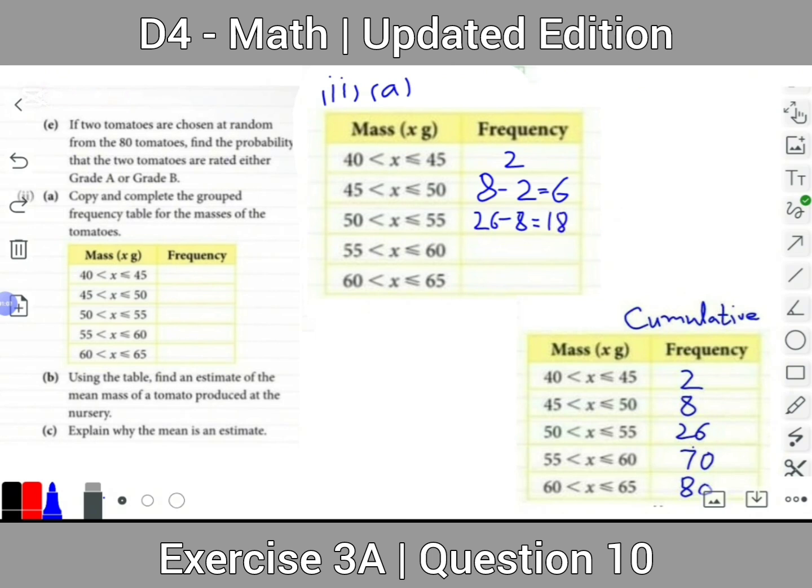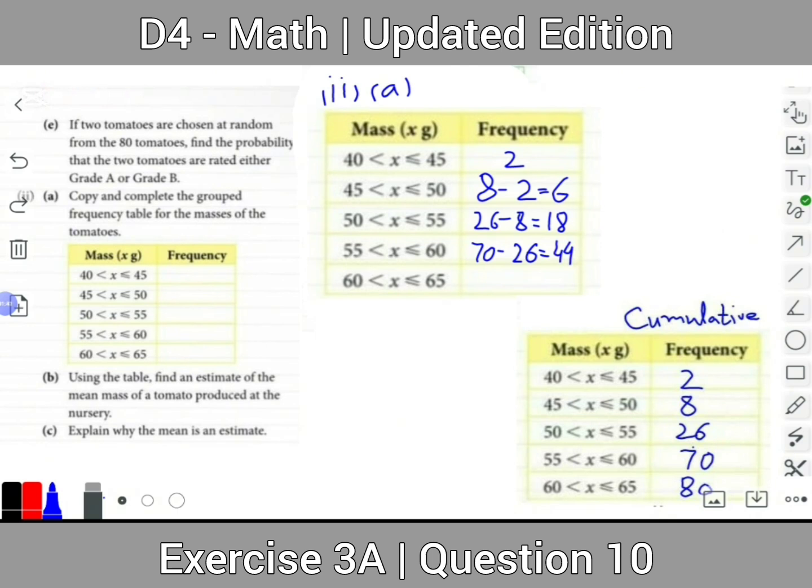Now for the fourth class interval 55 to 60, subtract the cumulative frequency of the previous class interval 50 to 55 from the cumulative frequency of the class interval 55 to 60. So 70 minus 26 will give us the frequency of 44.